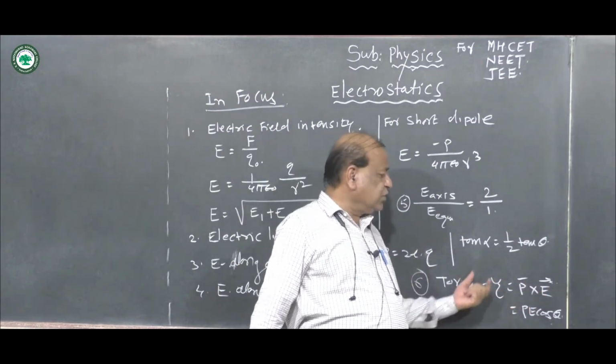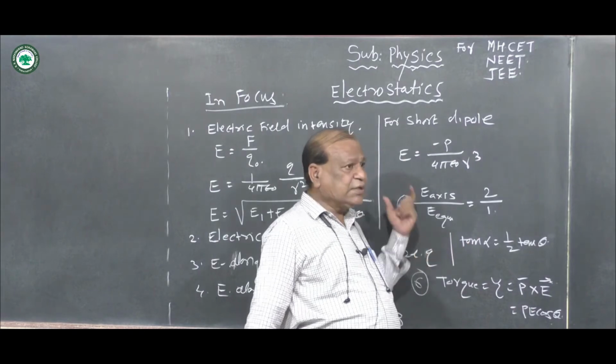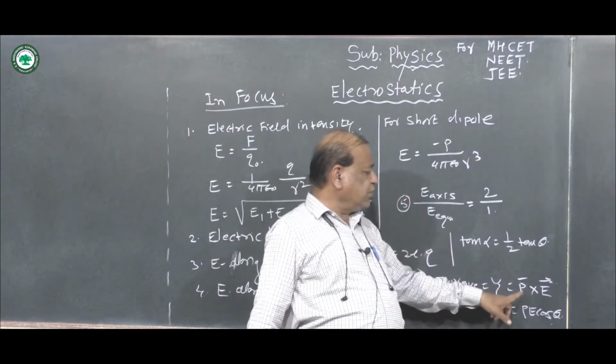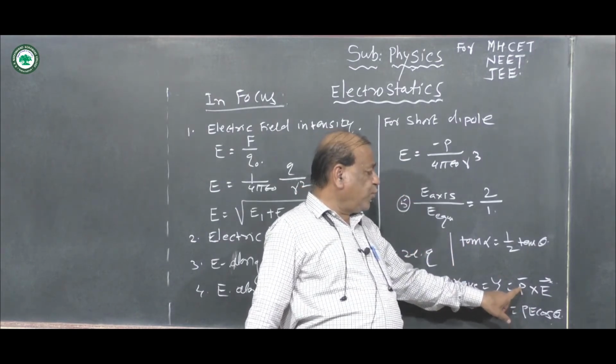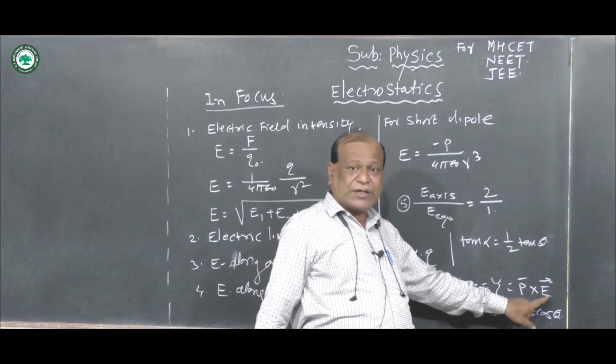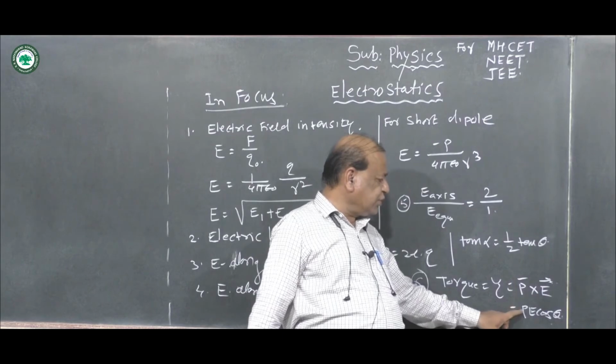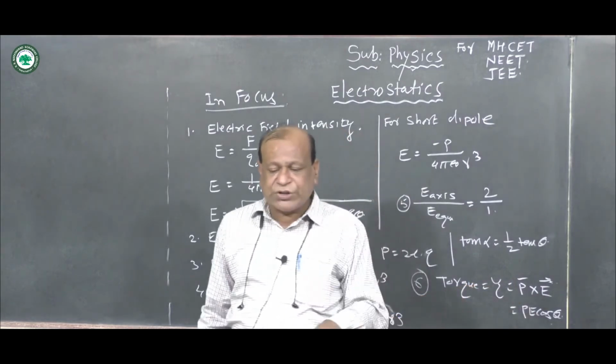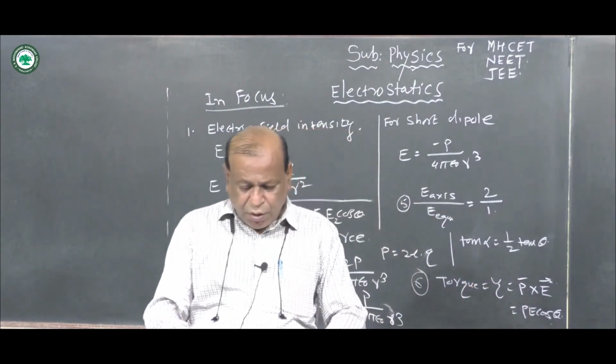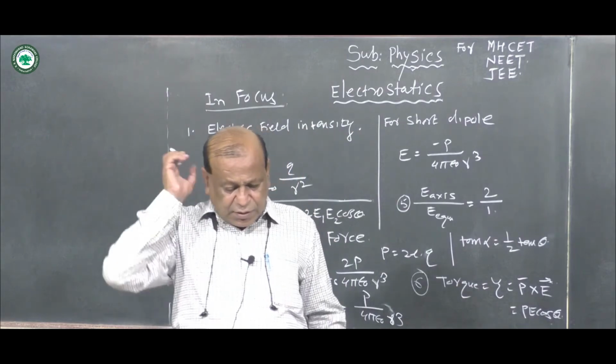So the torque acting on this electric dipole is given by vector P cross vector E, and by the definition of vector product, it is PE sin theta.